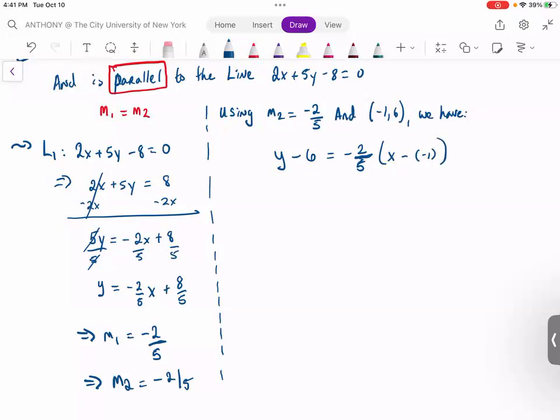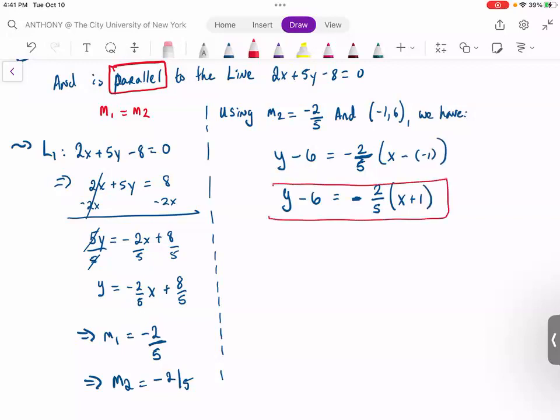Now, just like if you were taking this exam on MyLab, you first simplify your point-slope form. Wherever you have two negatives, you combine and make it a positive. This will give us y - 6 = -2/5 times (x + 1). So that's your point-slope form here.